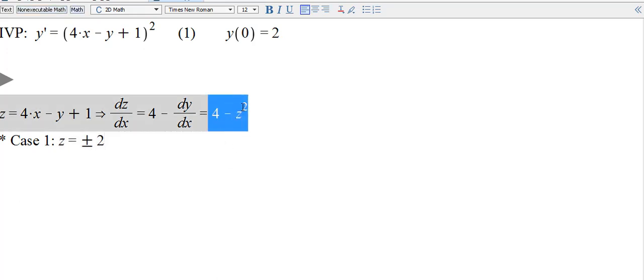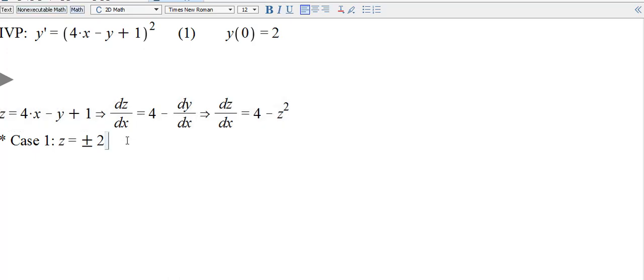So you see here the right hand side, when z equals plus or minus 2, is 0, and since z is a constant, its derivative with respect to x will be 0. So both sides are 0. So yes, z equals plus or minus 2 is our solution.